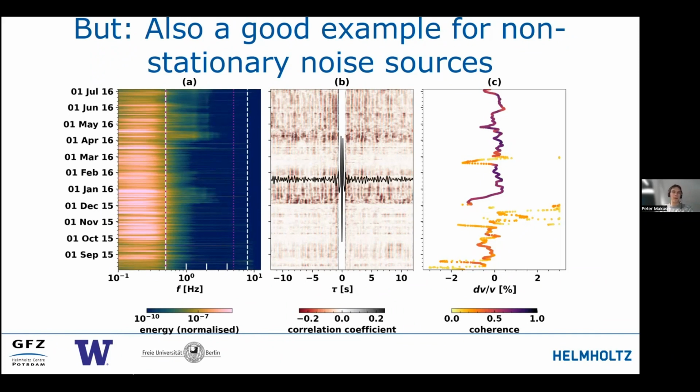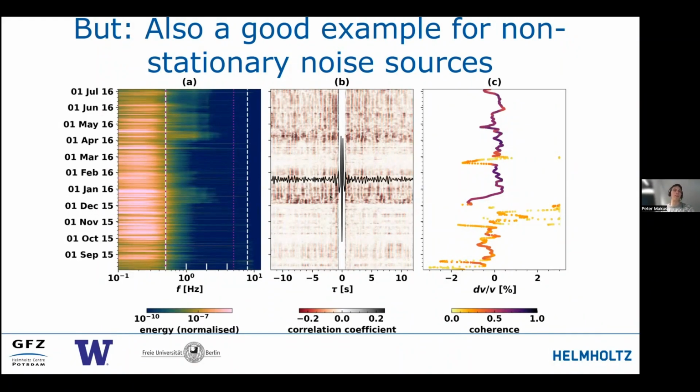But in this case, I think we get volcanoes which emit really strong tremors and would illuminate the ground at different places. And then we retrieve these correlation functions, which really describe completely different parts of the study region.